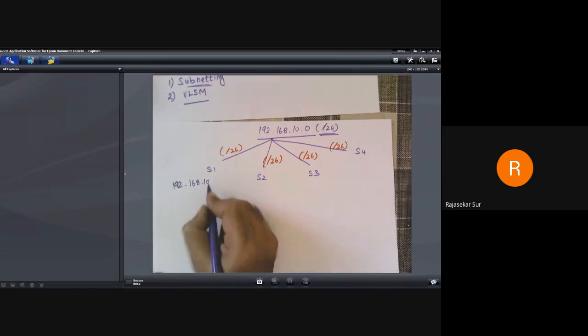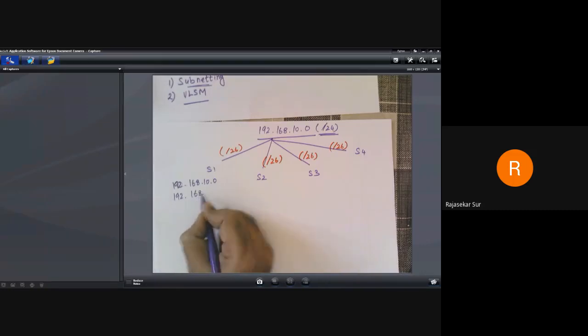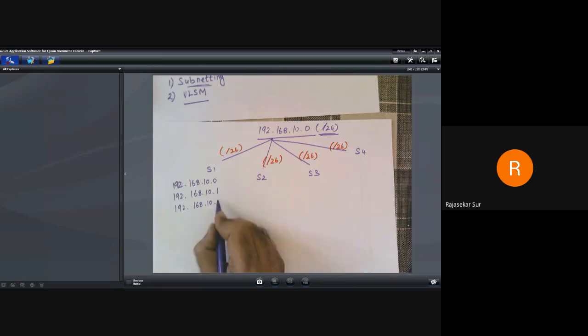So .0 is the subnet ID. The first host ID is 192.168.10.1. The last host ID is 192.168.10.62. Now the broadcast IP address is 192.168.10.63.